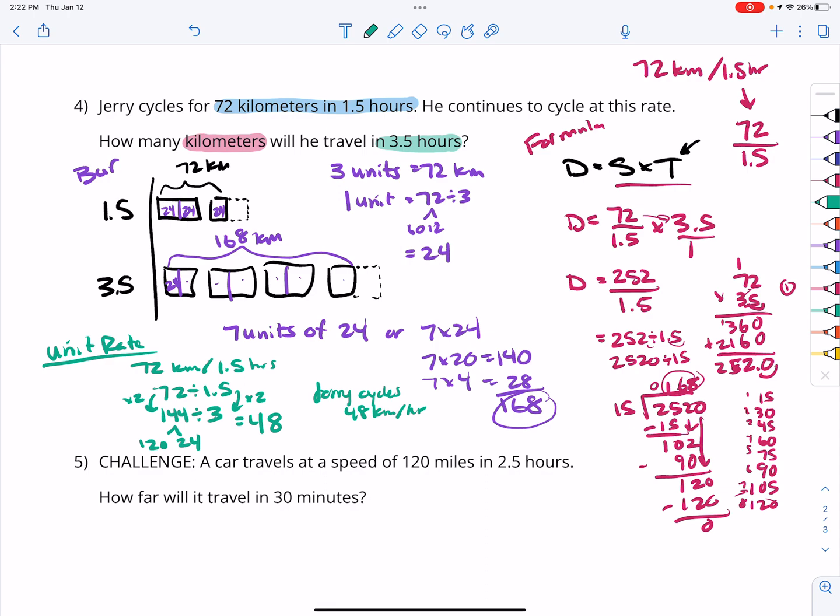So now to figure out 3.5 hours, I need to do 48 times 3.5. So again, this still seems like a lot more work, but 48 times 3, and then 48 times a half. I'm running out of space, so I'm going to do this down here.